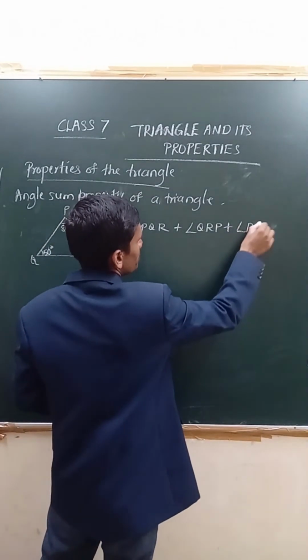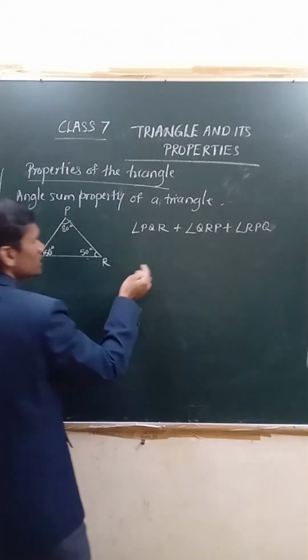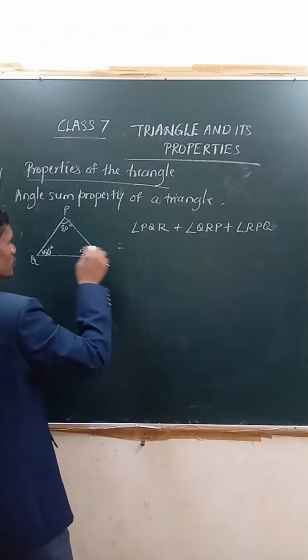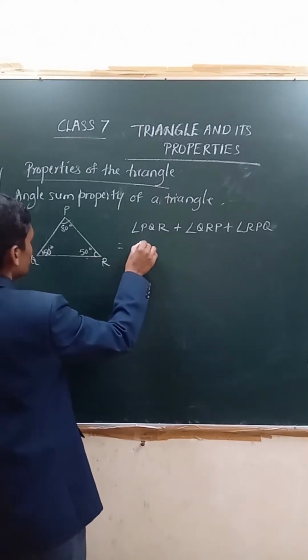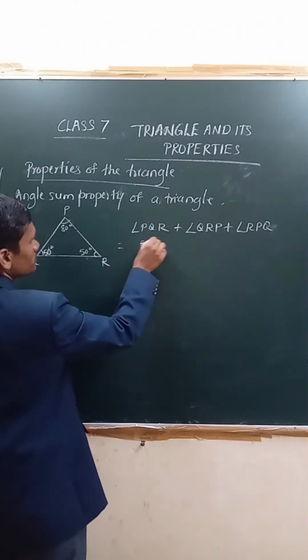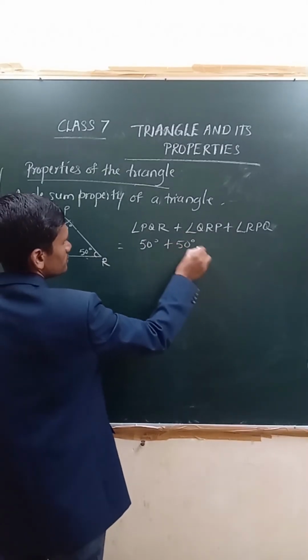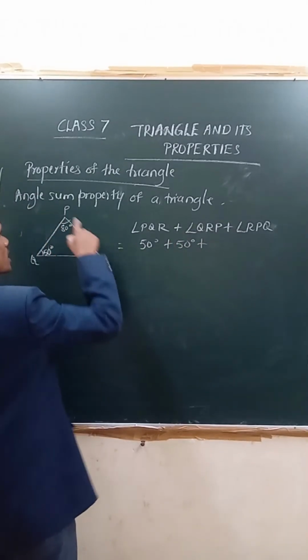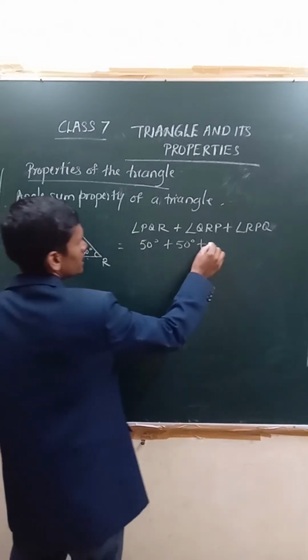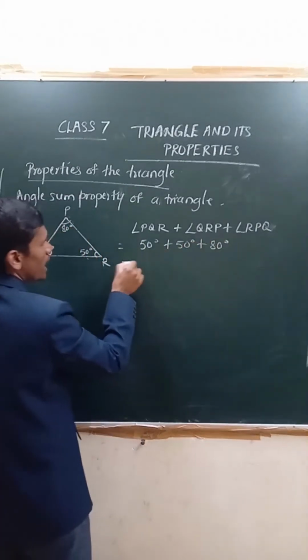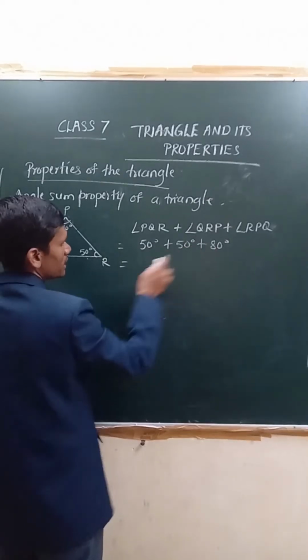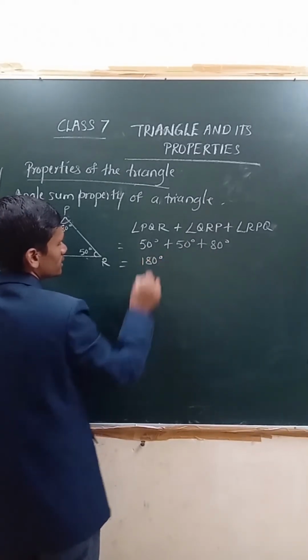If you write the actual angles, PQR is 50 degree and QRP is 50 degree and RPQ is 80 degree, right? If you add all these, 100 plus 80, you get 180 degree.